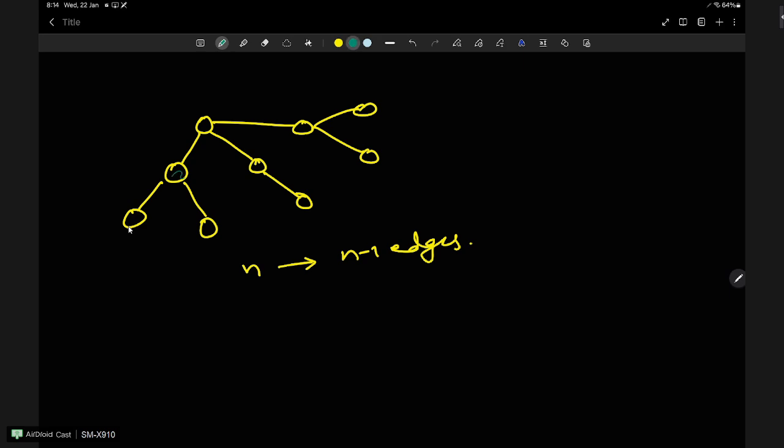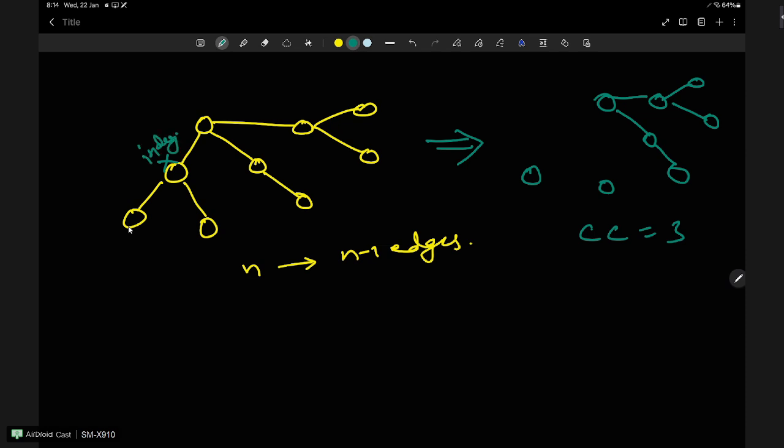Now, if we remove any vertex, suppose we remove this one, what would be the connected components of the graph after removing this vertex? It would look something like this: 1, 2, and this connected to this. Here it will be 3. If we look closely, it equals the degree of the node that we remove.